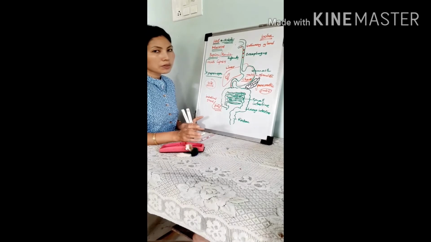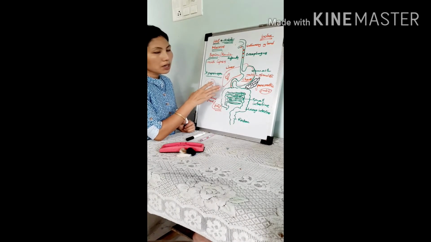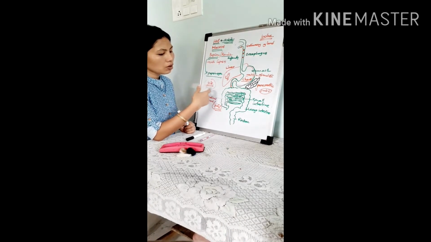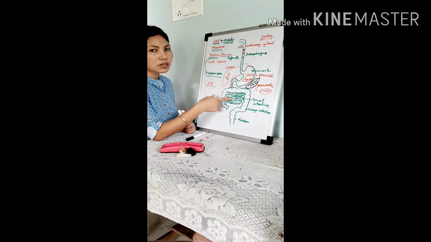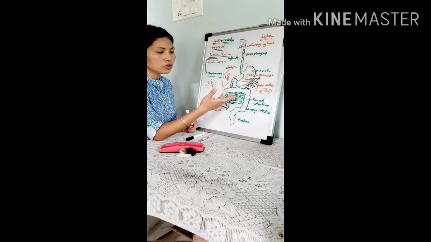The secretion from the liver, that is the bile, not only helps in emulsifying the fat, but it also provides an alkaline medium in the small intestine. Okay, that is one of the important roles of bile juice.